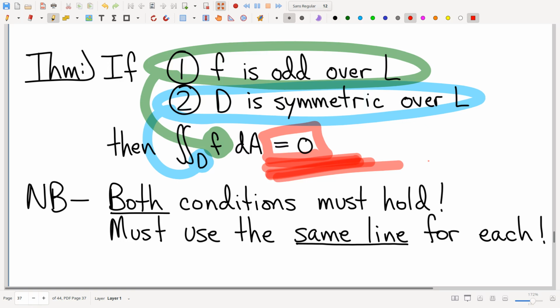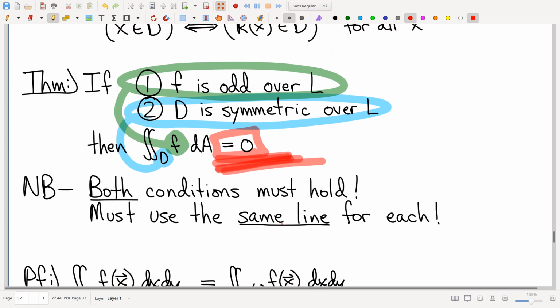Awesome. Extremely powerful. Now, there are a couple of warnings I have to give. This is a powerful theorem, but it is also a delicate and therefore dangerous theorem. So you do have to make sure that you're careful with this. You do need both of the conditions to hold.